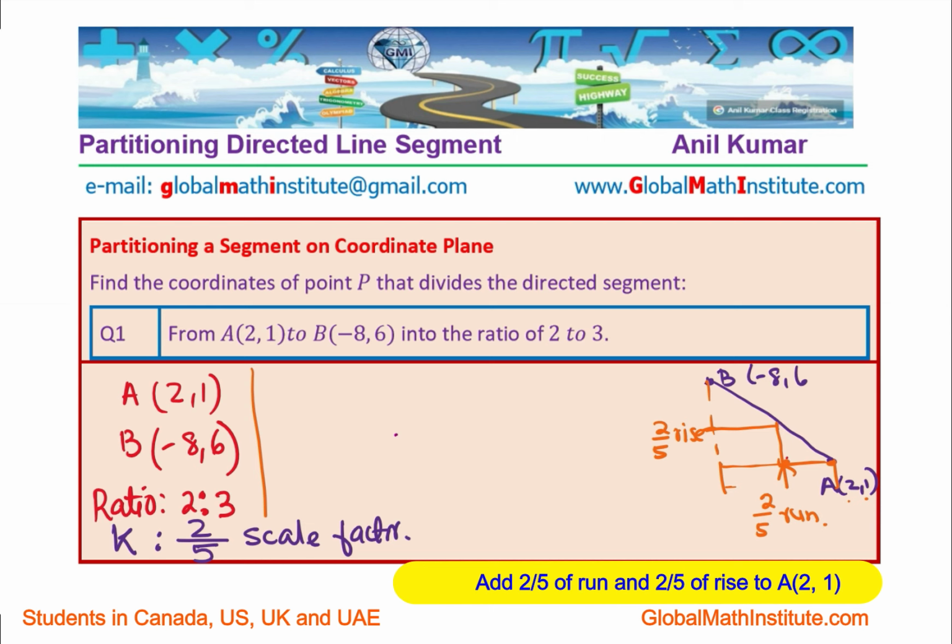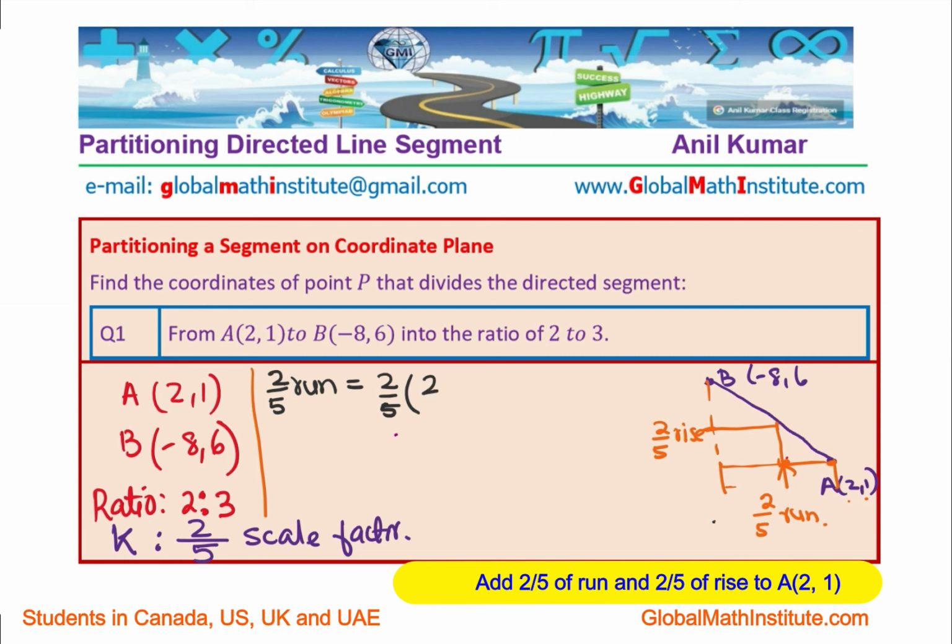So what is the run? Let's calculate 2/5 of run. How much is this distance? To find this distance, we have to subtract -8 from 2, right?